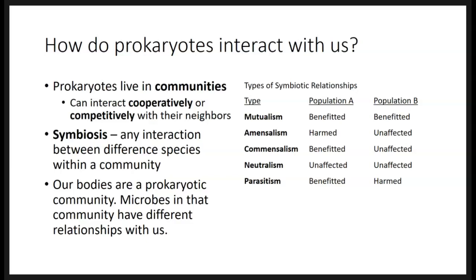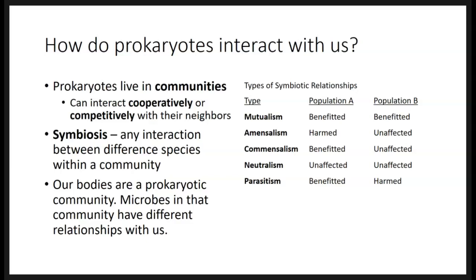Our bodies are a prokaryotic community, and those microbes that live in us can have many different relationships. Most of those microbes as a population are living in us because they get some nutrients or some benefit from being in this relationship.